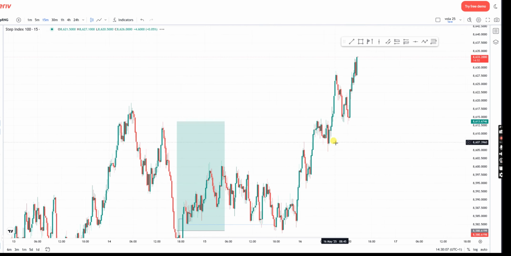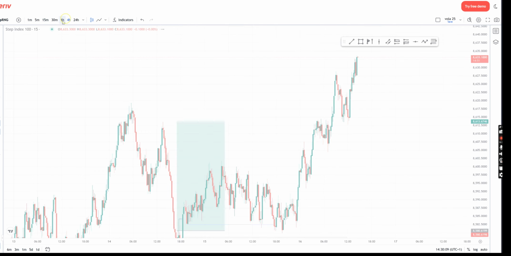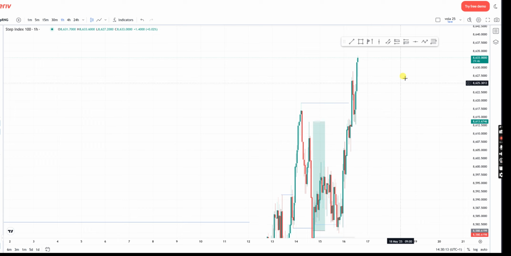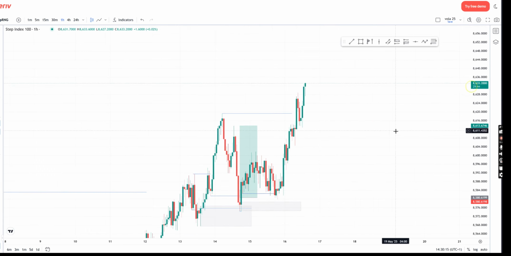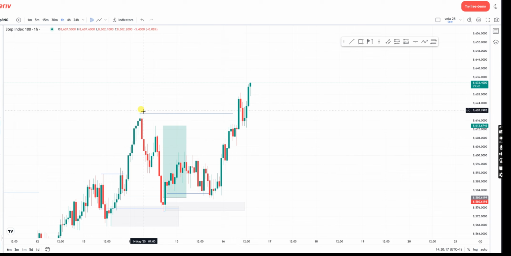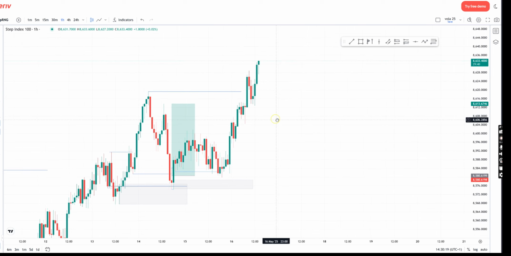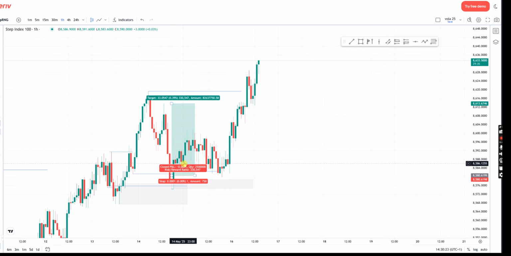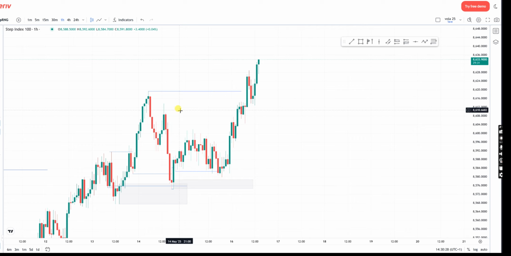And now, since we are here, what can we see on the daily time frame, on the 1 hour time frame? Let's see if we can still see other setups. I can see the break of structure now, and I can see a sweep of liquidity here.